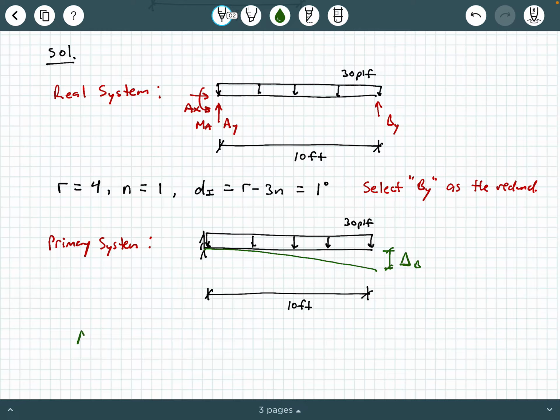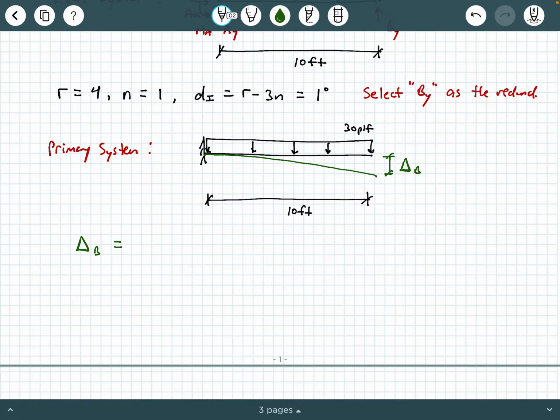We can use a ready-made pre-derived formula to calculate delta sub B, and you can find this formula in pretty much any mechanics of materials or structural analysis book. That's going to be WL to the 4th over 8EI. Now we're going to substitute values in.